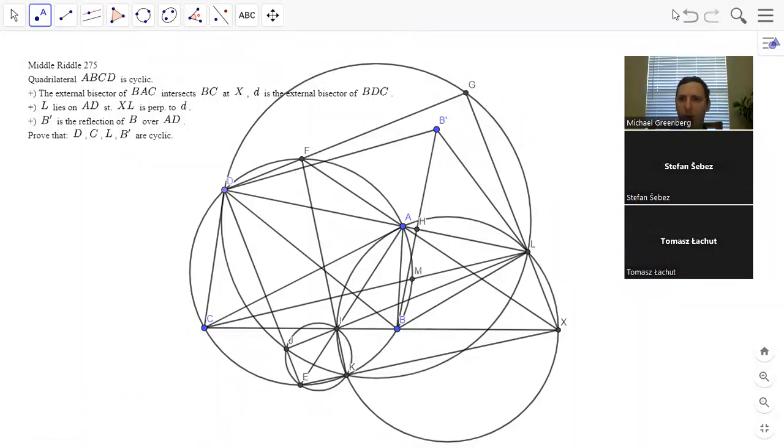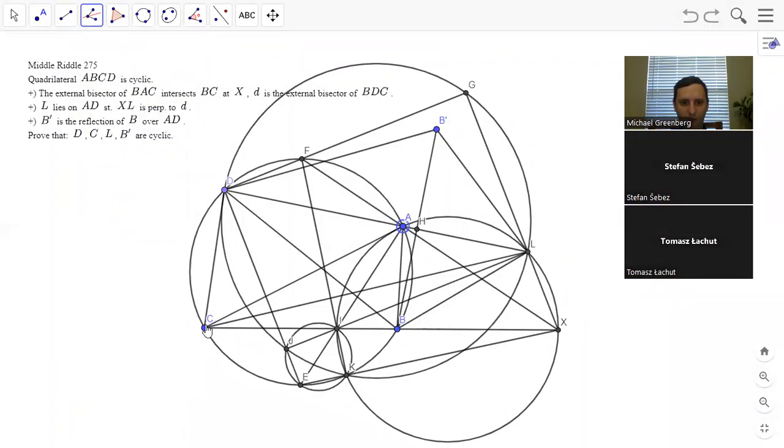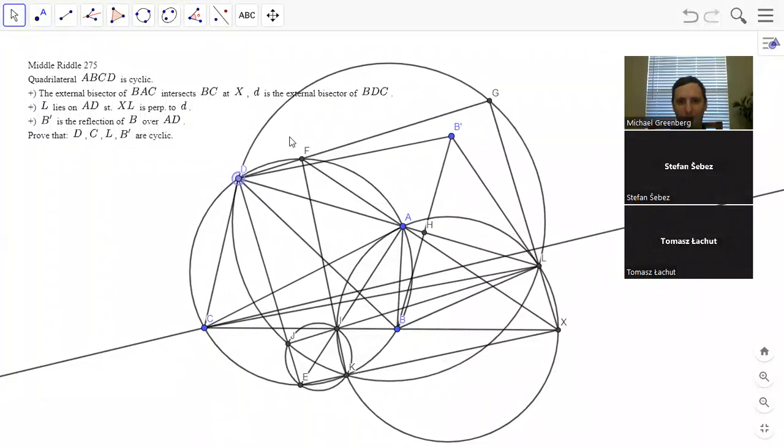Is this an angle bisector? Let's see. It's very close, but I don't know if it is. No, it's not.